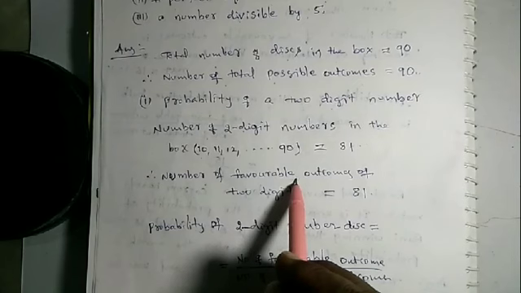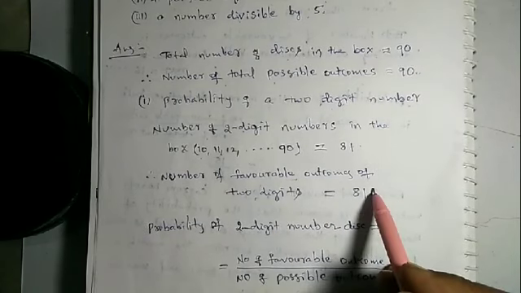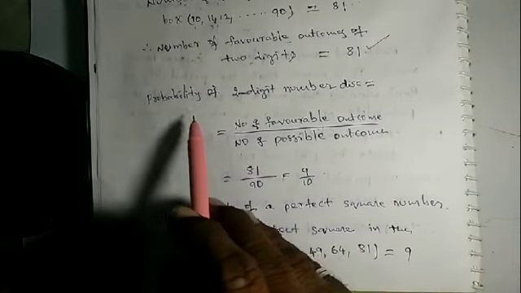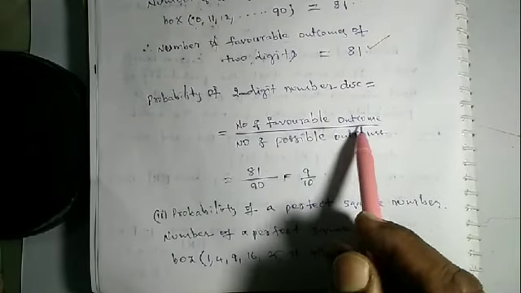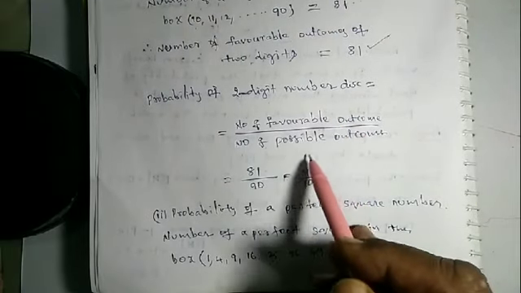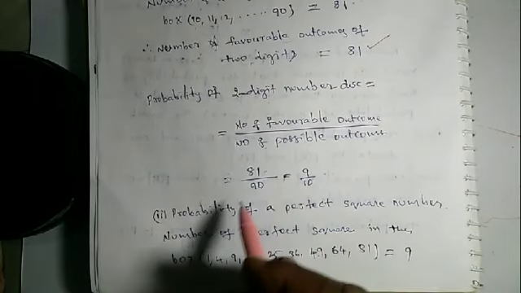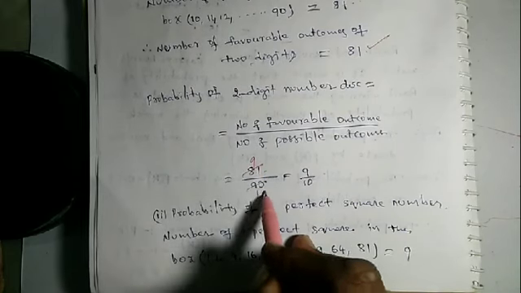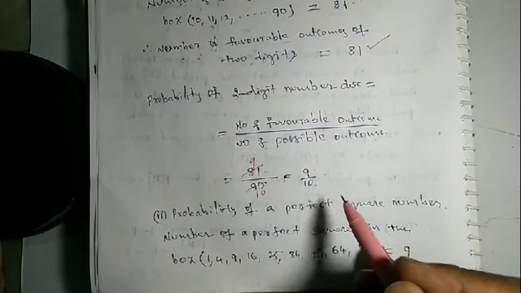Number of favorable outcomes of two digits is 81. Now our probability formula: probability of a two-digit number is number of favorable outcomes by number of possible outcomes, that is equal to 81 by 90. 9 nines are 81, 9 tens are 90, that is equal to 9 by 10.